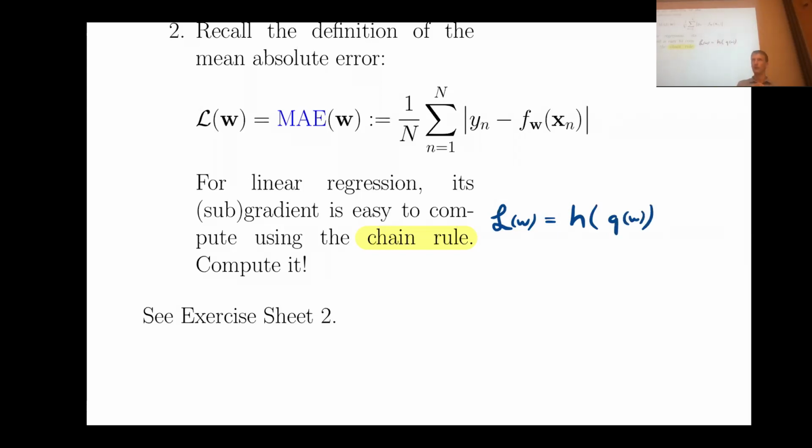For example, for machine learning, mostly q will be the model making the prediction, and then h will be the cost function. So this is what we always have in machine learning applications. So any composition, but what we want to do here is that g is actually differentiable, but h is not.